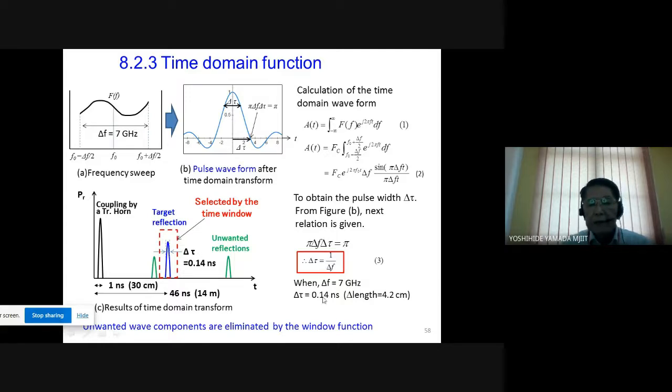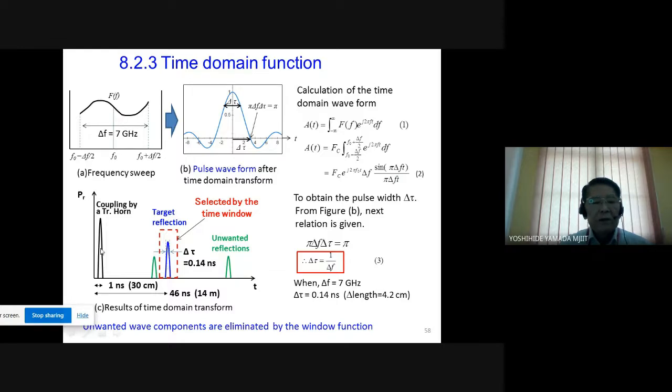So in the case of a sweep frequency width of 7 gigahertz, the pulse width becomes 0.14 nanosecond, a very short pulse. So by using a window function, we can select only this. This is the target.